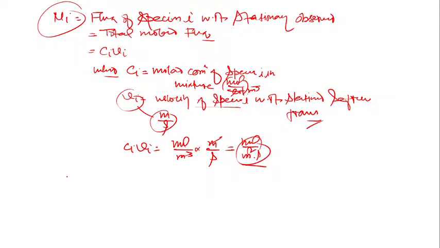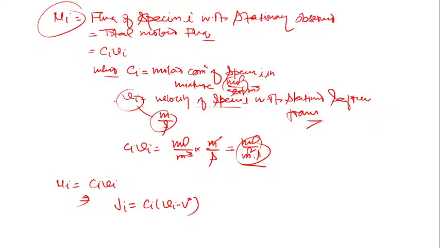Now, if Ni equals Ci into Vi, then what is Ji? Ji is nothing but Ci into (Vi minus V star).